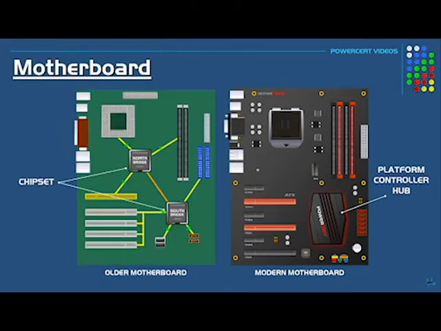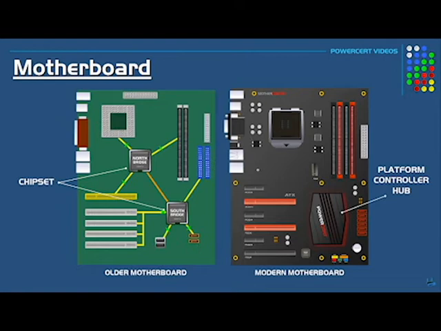So on older motherboards, you used to have what was called a chipset, which included a north bridge and a south bridge. And in simple terms, the north bridge would interact with everything on the northern half. So that would include your CPU slot, your RAM slots, and the northernmost PCI Express slot, or the Express bus.